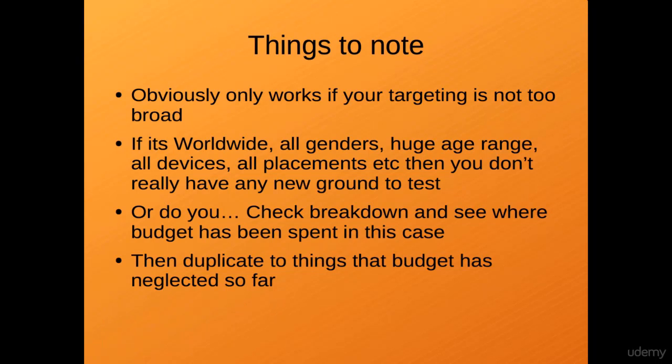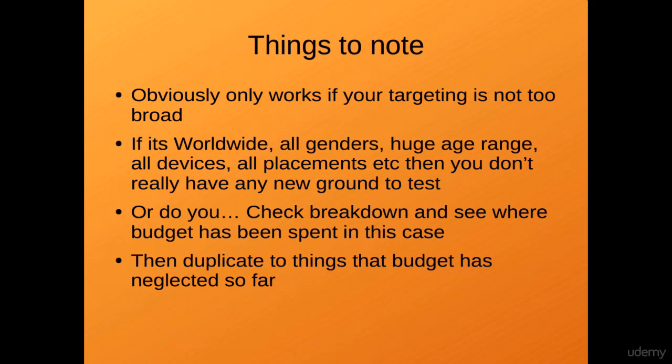region, and see where the budget has been spent, you might find that actually, although this ad set is running to all devices, for example, the majority, 80% of the budget has been spent on iPhone, 15% has been spent on Android, only 5% has been spent on desktop, in which case you would duplicate this ad set to run only on desktop.